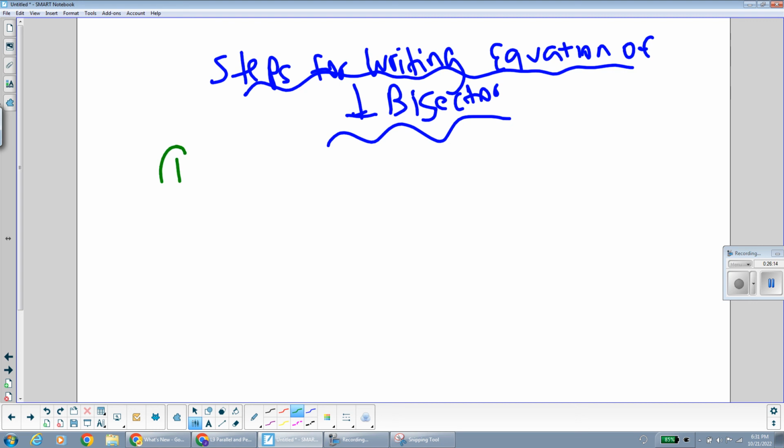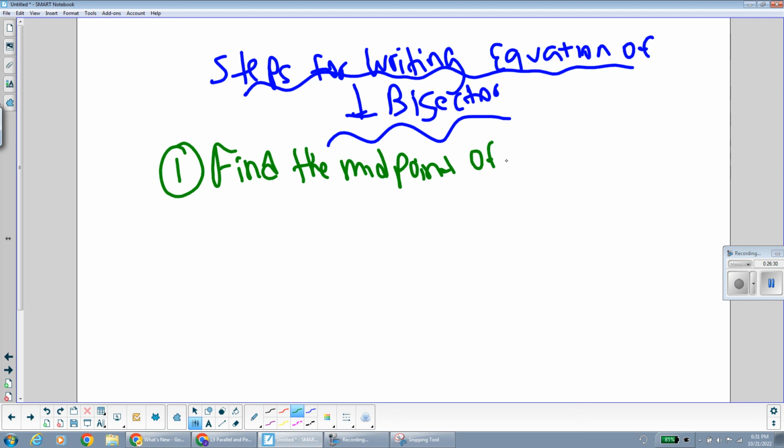First step, we need our point, which is going to be a midpoint because a perpendicular bisector is a bisector, so it passes through the midpoint of a line segment. So find the midpoint of the original line segment.